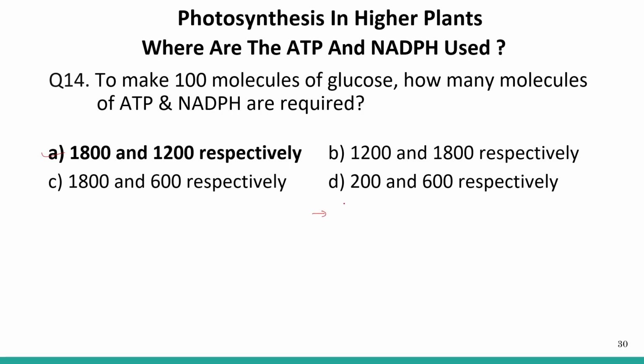For the synthesis of 100 molecules of glucose, 1800 ATP and 1200 NADPH are required, since 1 molecule of C6H12O6 requires 18 ATP and 12 NADPH.